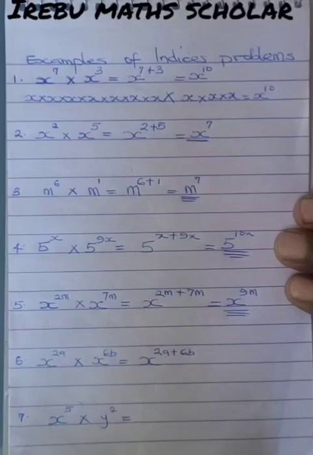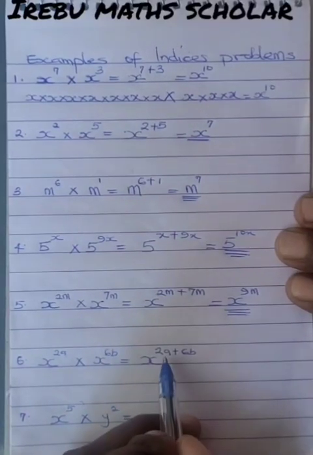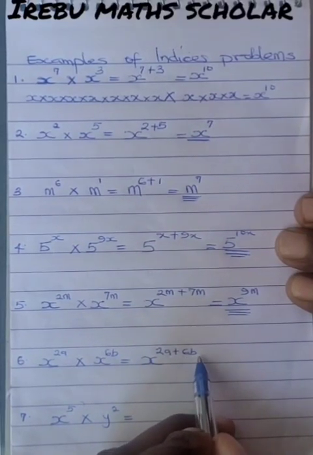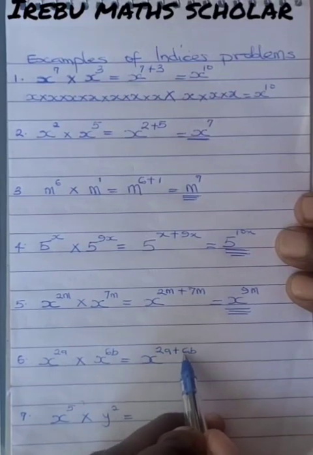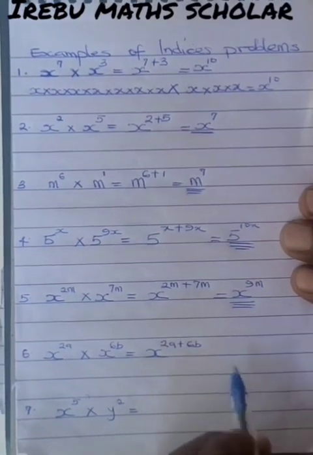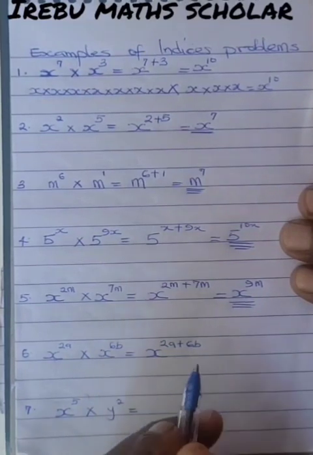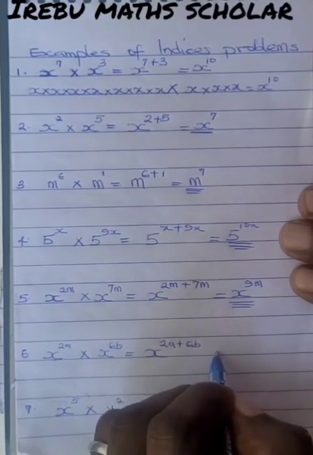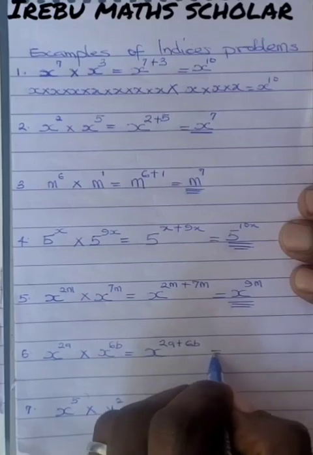You can decide to leave your answer like this if you wish, because you cannot add 2a to 6b, since they are not of the same alphabet. This is a, this is b. You can decide to simplify further if you wish to, but if you leave your answer like this, I don't think you'll be crucified for that.